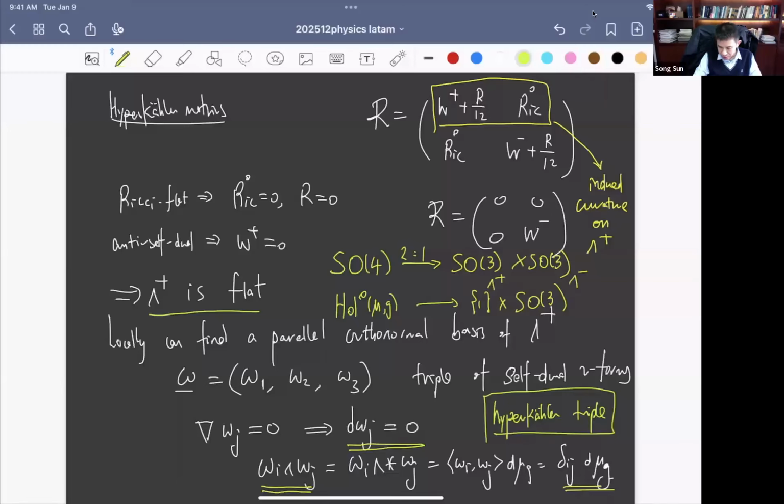It's a simple exercise. This is SU2. So SU2 is a subgroup of SO4 that maps to one of the SO3 factors. Here you identify R4 with C2, and then you can write down what lambda plus and lambda minus are, as before.